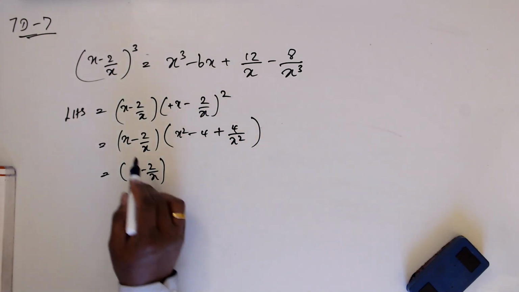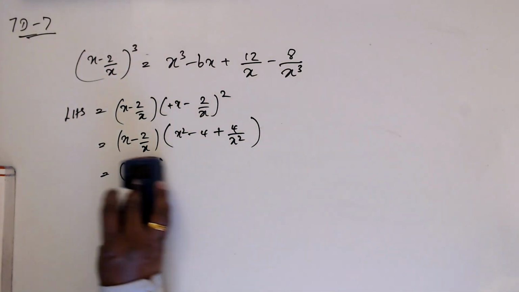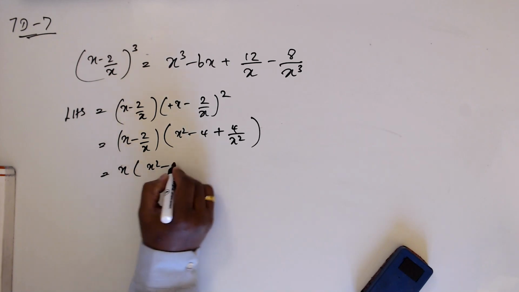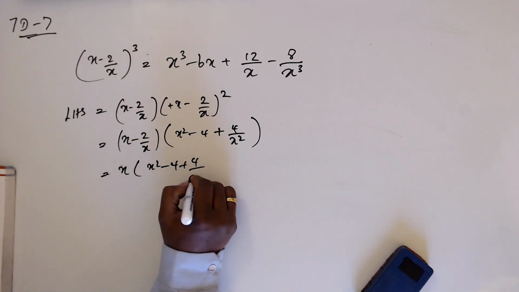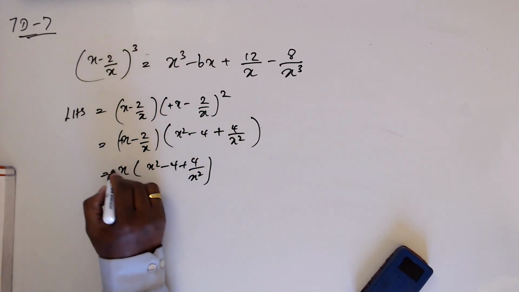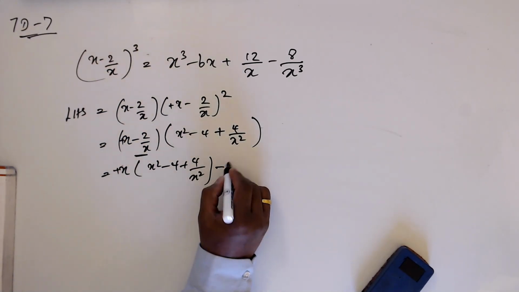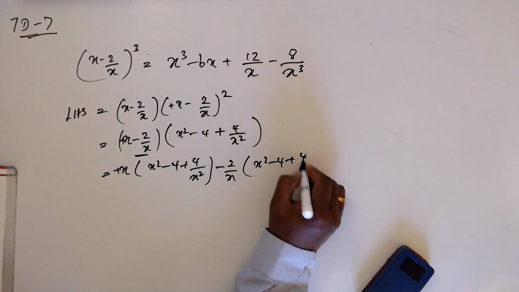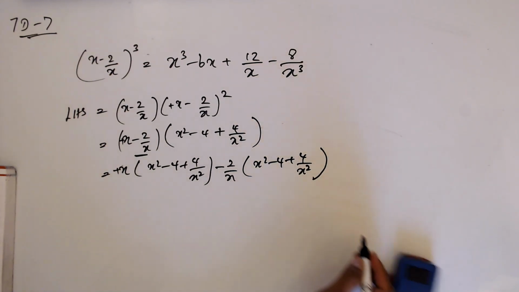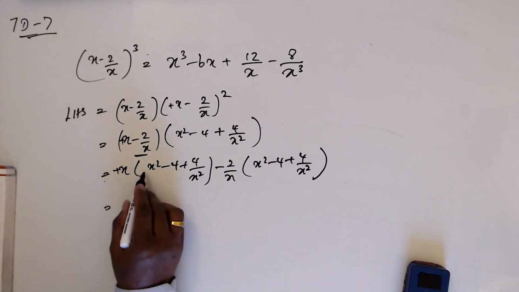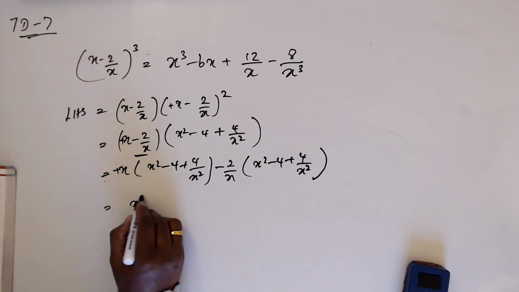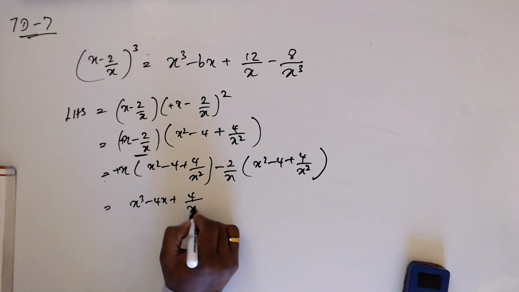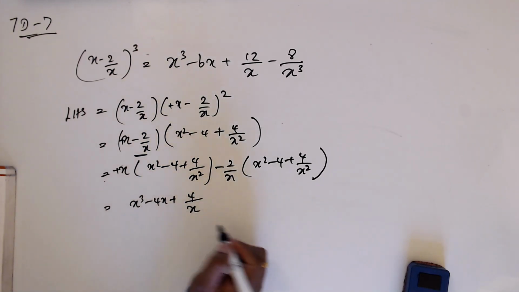Then I am expanding this one, first of all, x times x square minus 4 plus 4 over x square. I am expanding plus x. The other term is minus 2 over x times x square minus 4 plus 4 over x square. Now this is going to be x cube minus 4x plus 4 over x.